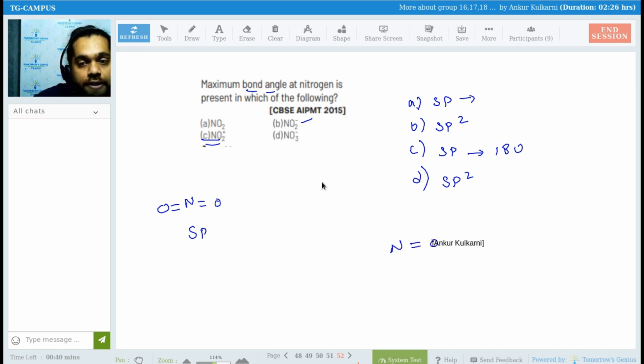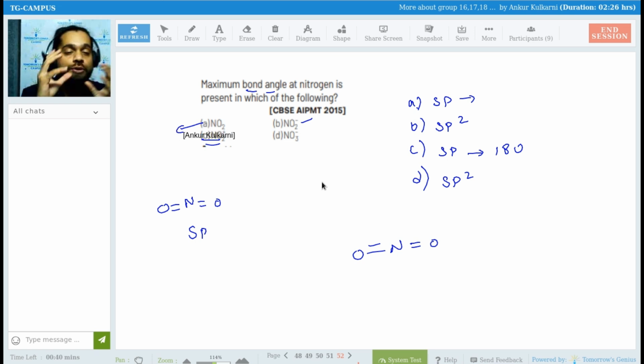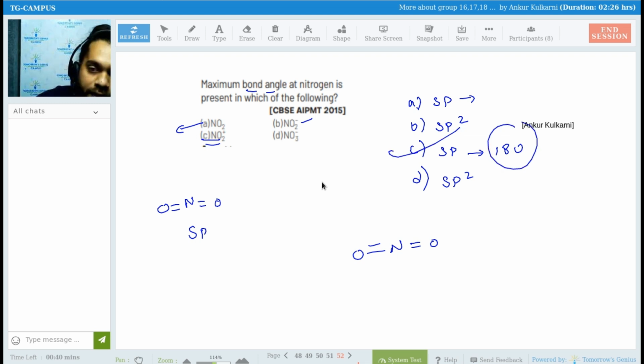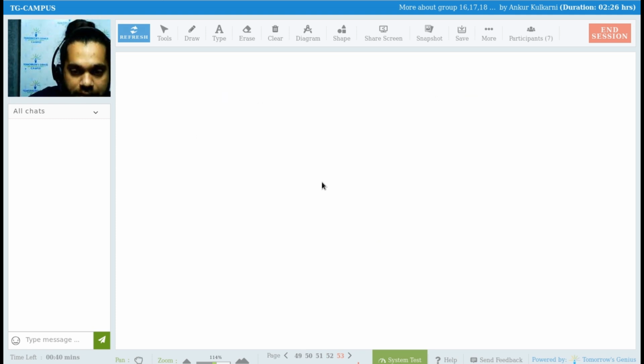That's why it is C. But remember, NO2 is not exactly linear. Due to repulsion, there are slight changes there. That's why it is not linear. The correct answer is C, you have to find out the hybridization and you will get your bond angle. Sure. Let us do the class assessment.